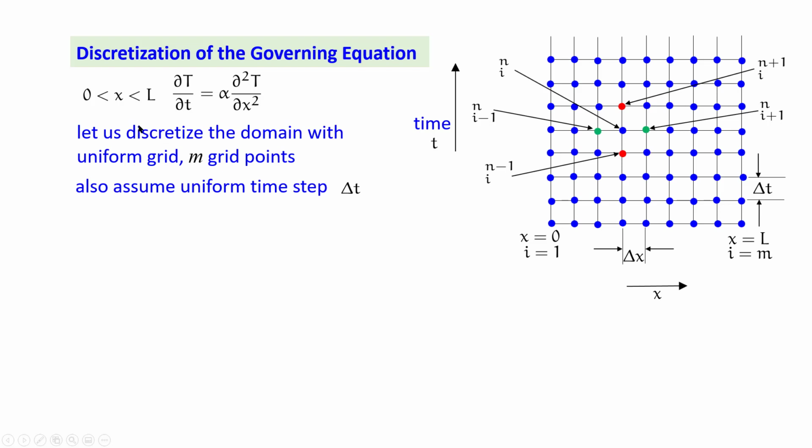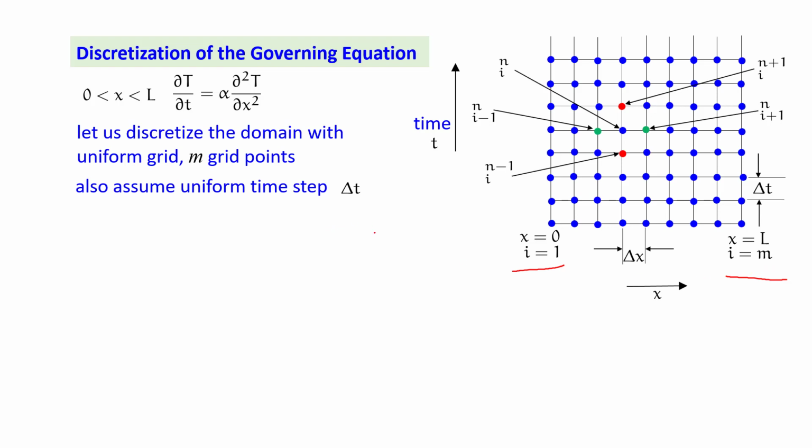In this case, we have a domain 0 to x to L. So we are at x equal to 0 here, then it goes up to x equal to L. We start from i equal to 1, it goes all the way up to i equal to m.